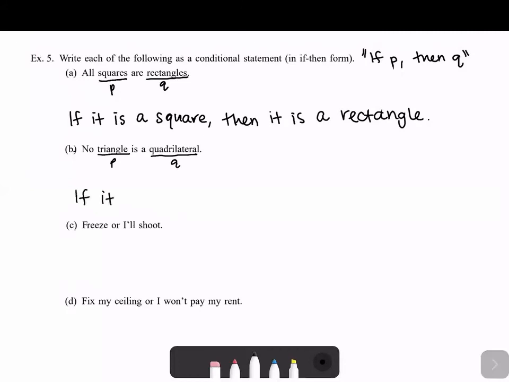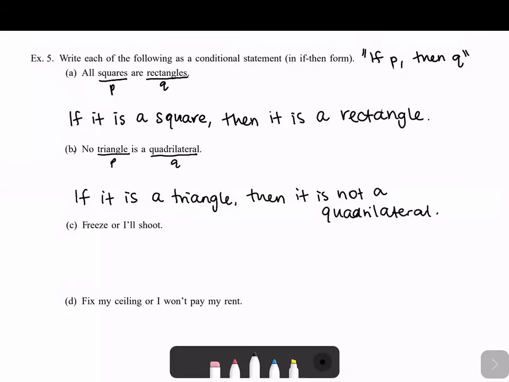We know that if it is a triangle, then what? We know that no triangle is a quadrilateral. So if it's a triangle, it can't be a quadrilateral. So it is not a quadrilateral, because no triangle is a quadrilateral. This one was really similar to the one above it.